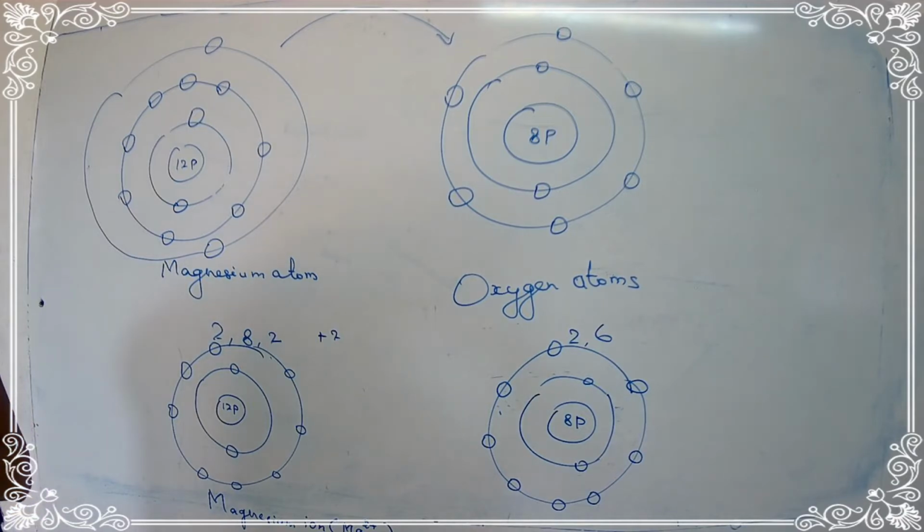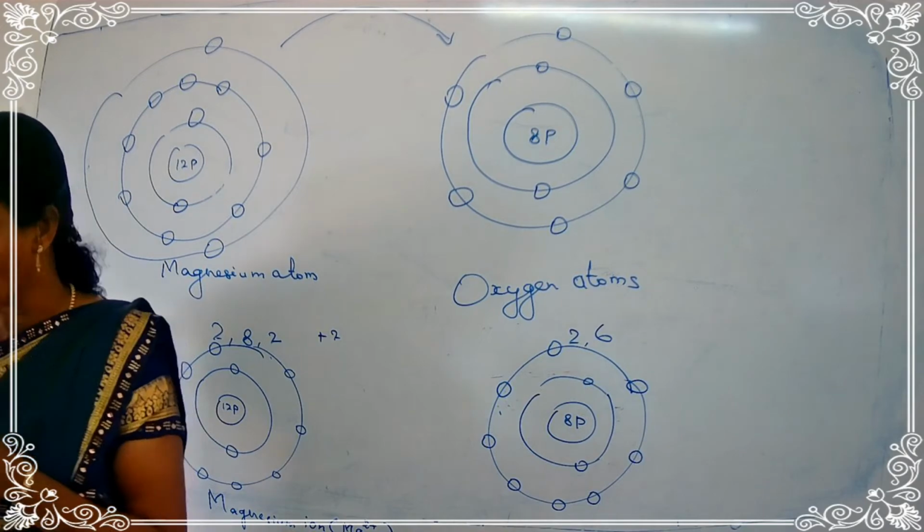So it gains 2 electrons from the magnesium. So this oxygen is the oxygen ion.